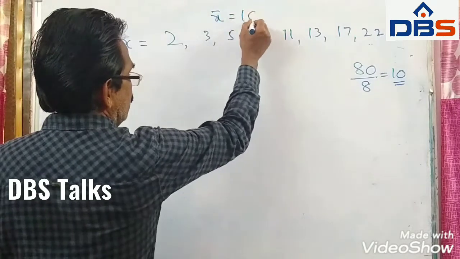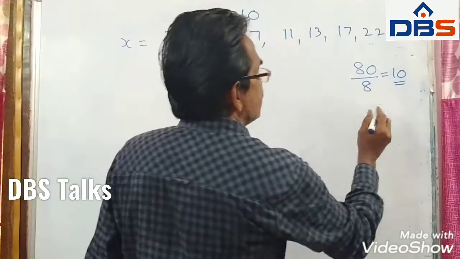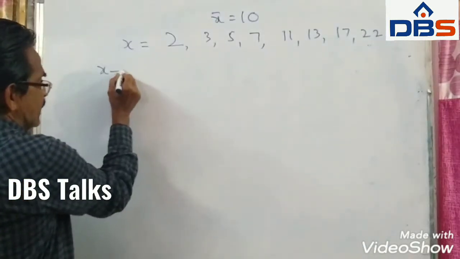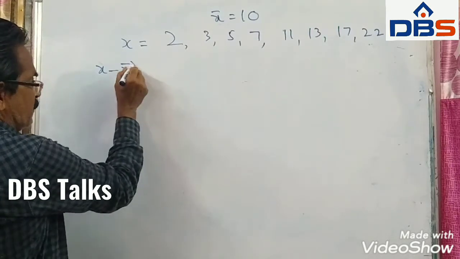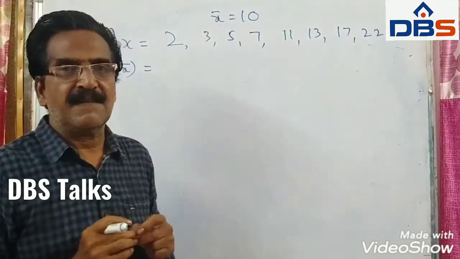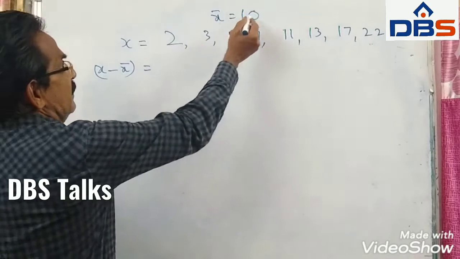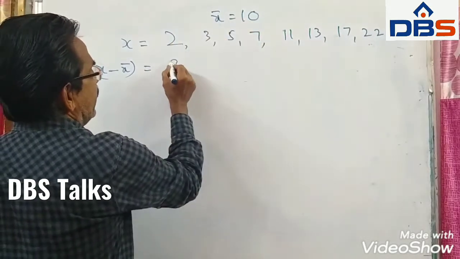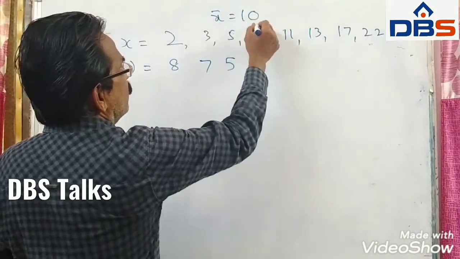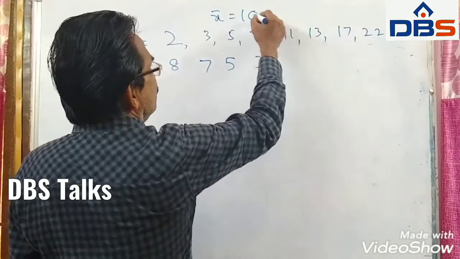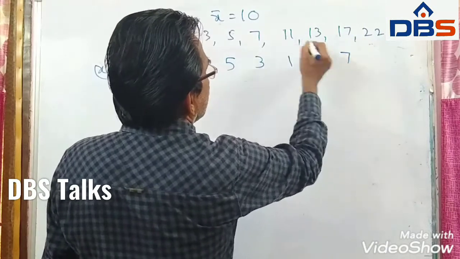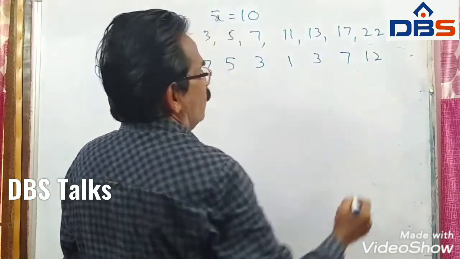X bar is equal to 10. Right friends? Now, let us see the x minus x bar values, that is the deviations. 10, difference of 2 and 10 is 8, then 7, 5, 3, 1, 3, 7, 12.